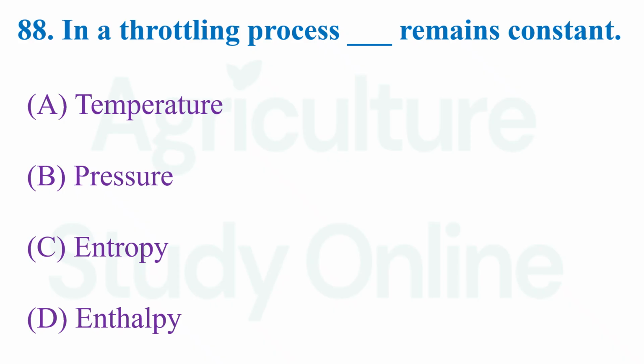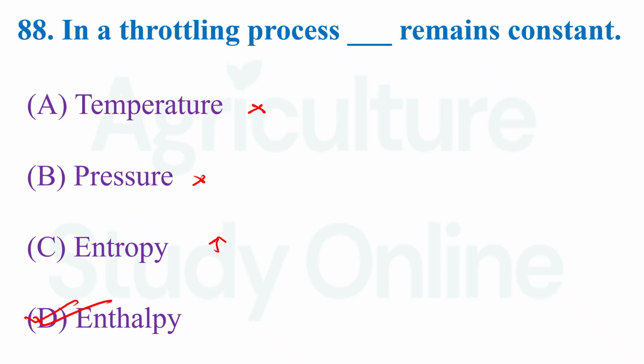Question 88. In a throttling process, dash remains constant. So first one is temperature. So temperature, it may increase or decrease. Pressure, it can drop significantly. Entropy, it basically increases. Whereas enthalpy, it remains constant.